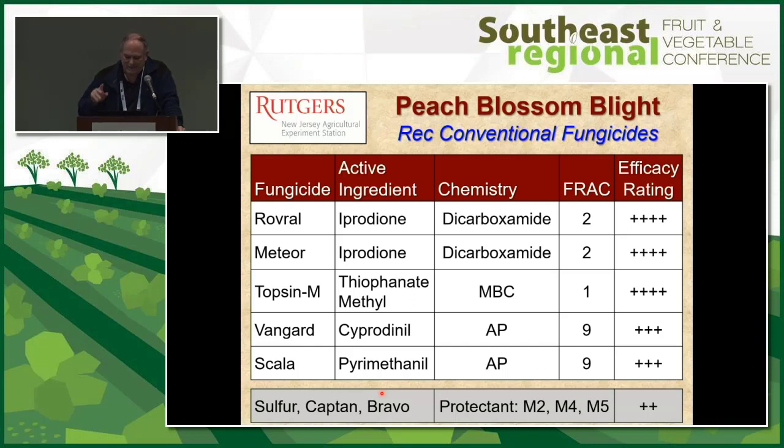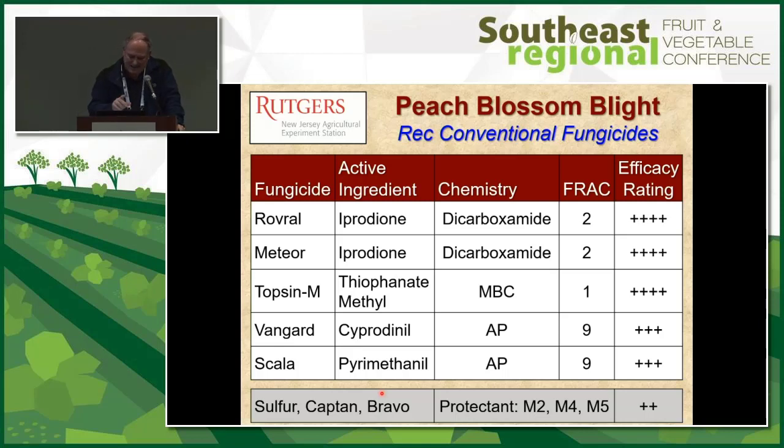So basically we have two or three different types of chemistry that we can use. And let's face it, the iprodione materials and the Vanguard, I'm not sure about the Scala, are not registered for use after bloom, after petal fall anyway. So why not use them up front, especially with the kinds of efficacies I'm showing here.